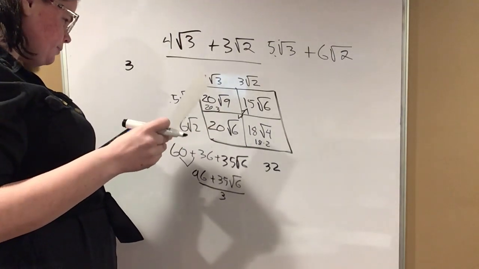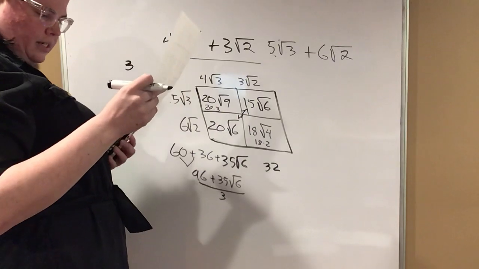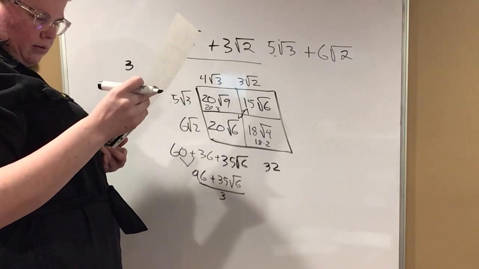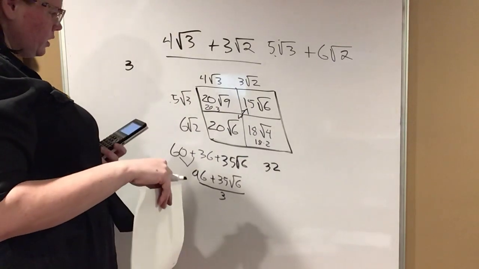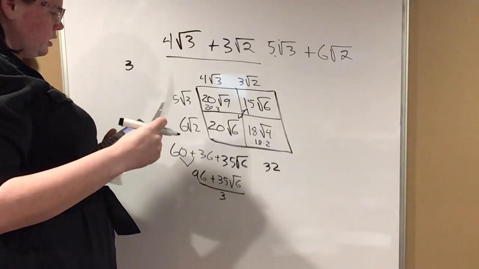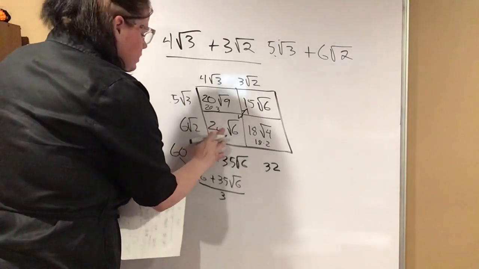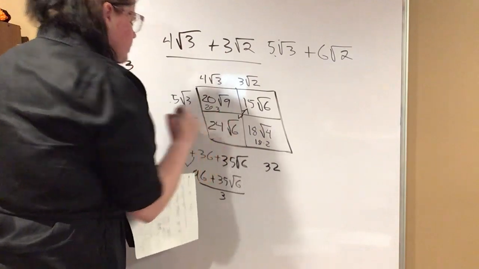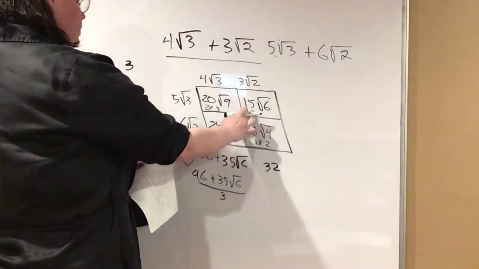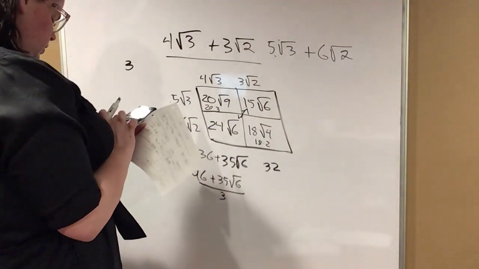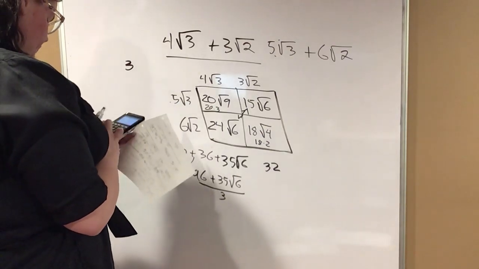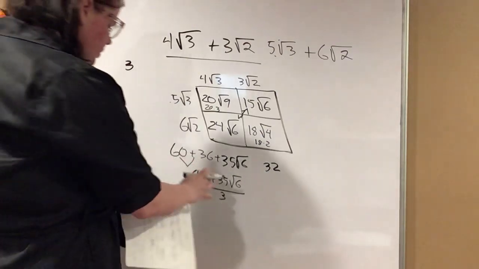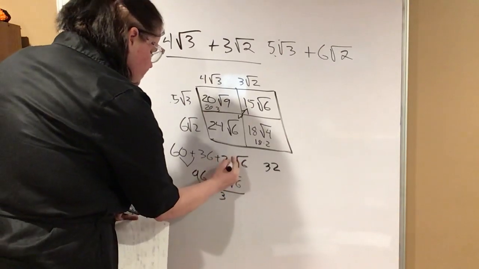Hang on. I think I messed up on my thing here. I got 36 square roots of 6. Ah, guys. 24 plus 15. I messed up. See that? No one told me. 39.